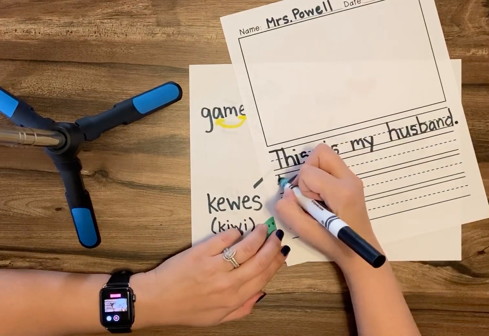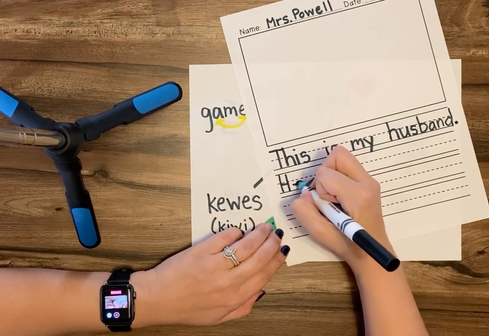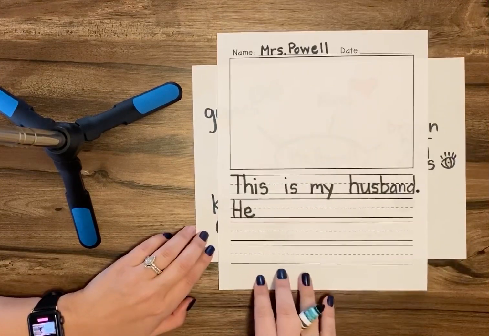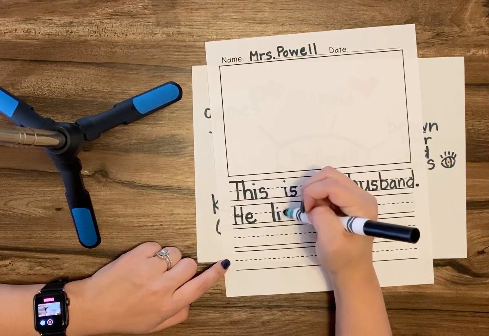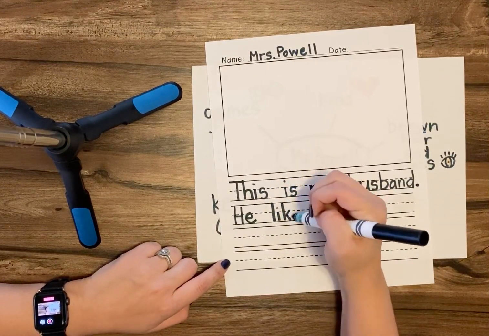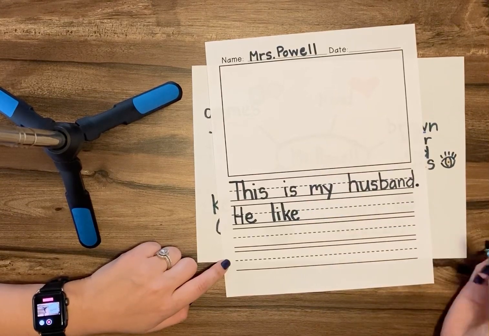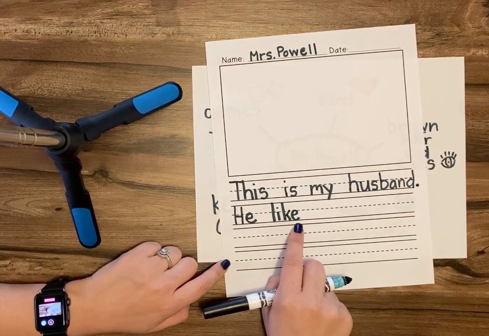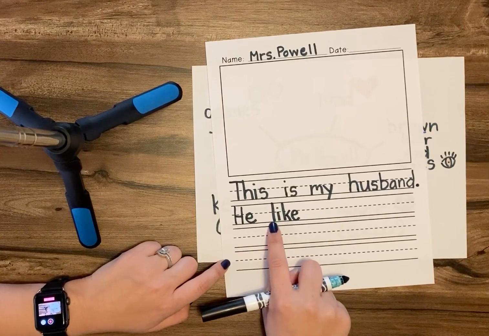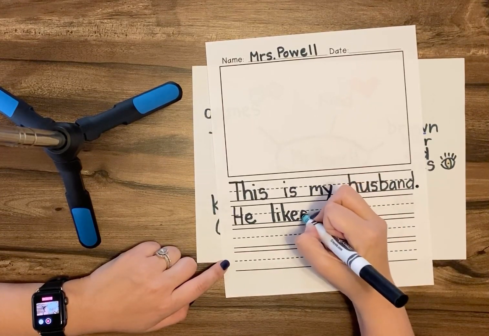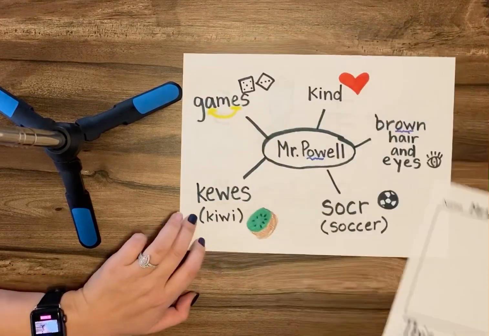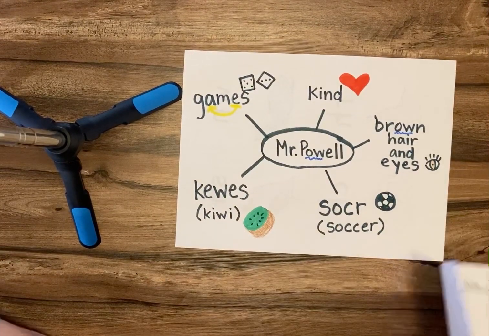He, H-E, he, likes. L-I-K-E, like. The sight word like, but it has an s at the end because I'm saying he likes 2 different things. He likes, and let me look back at my words, soccer.